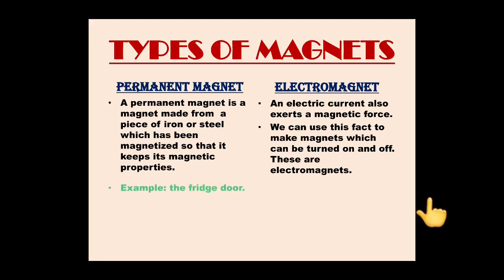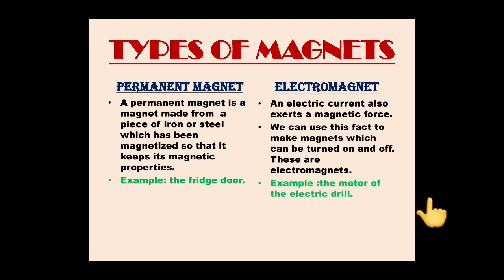The magnet in the door of the refrigerator is a permanent magnet, whereas the motor of the electric drill has an electromagnet. A headphone uses both a permanent magnet and an electromagnet.